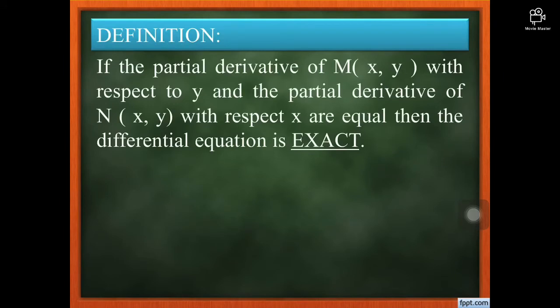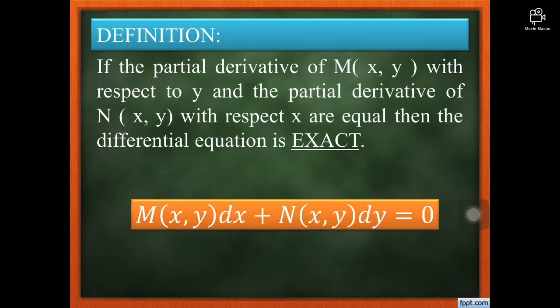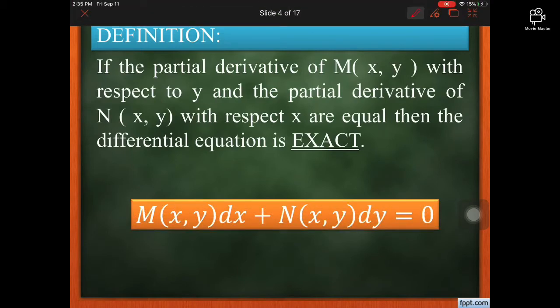So exact, it is defined that if the partial derivative of the function M with respect to y and the partial derivative of N with respect to x are equal, then the differential equation is said to be an exact. So we have function M as any function with dx, which includes the variables x and y.